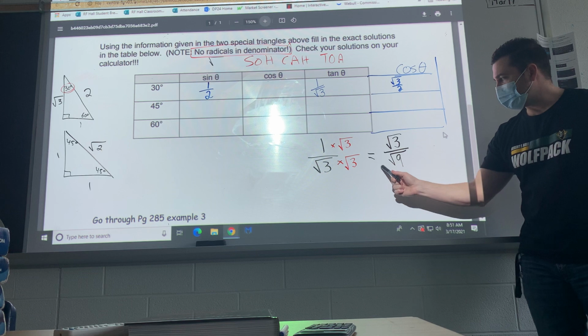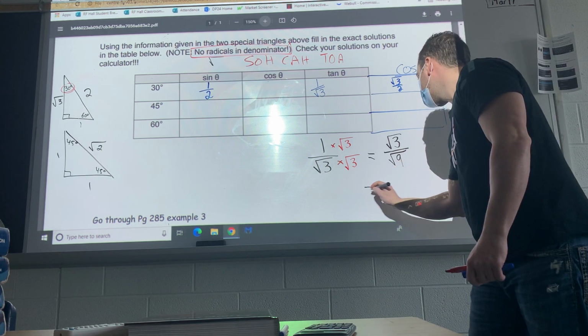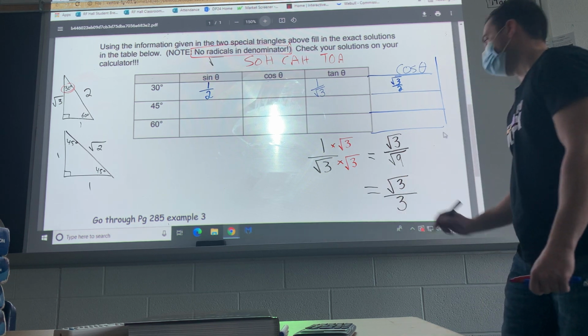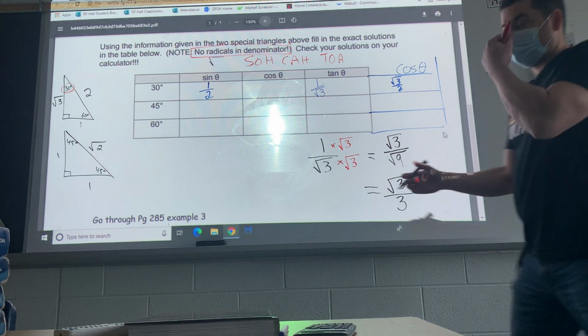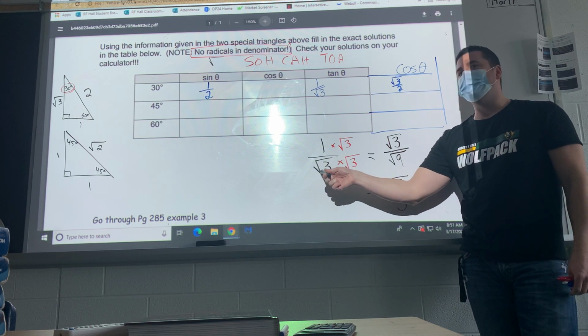Okay, now this can be square rooted. So the square root of 9 is 3. So we get a final answer of the square root of 3 over 3. So to remove a radical, you're going to have to know this for this chapter and for next year: multiply the radical by itself.